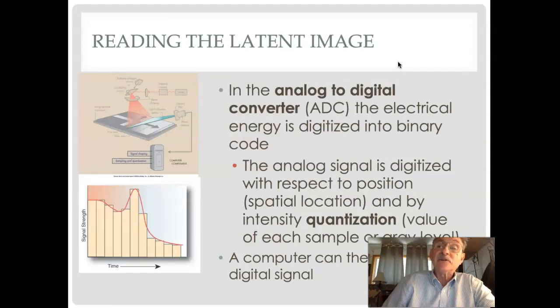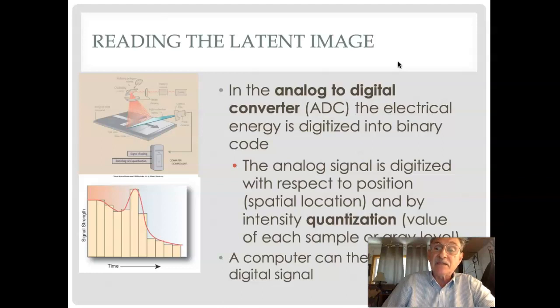The analog to digital converter digitizes the electrical energy into binary code. This is where we finally take that analog signal and digitize it with respect to position. Remember, we did the slow scan so that the computer knows exactly not only the intensity of the light in that particular area, but also where it is on the plate.